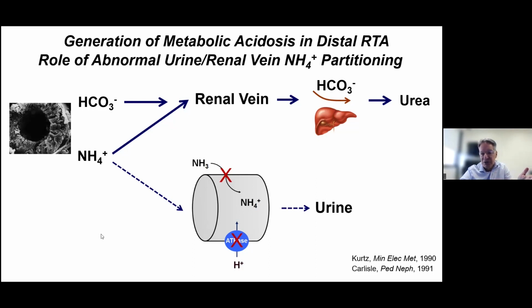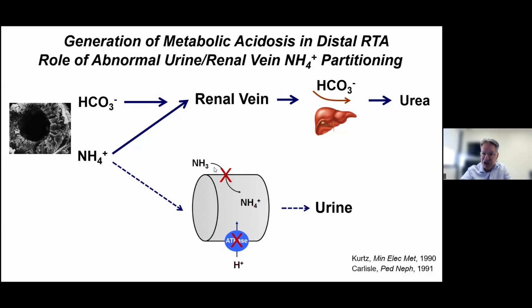What happens? Well, this process of acidifying the urine is absolutely required to have NH3 enter the collecting duct. Why is that? Well, the ammonia gets into the collecting duct from the outside if there's a gradient for NH3 across this epithelium. It's passive. There's no active transport. It does use the RH proteins, as I showed before, but again, that's passive.